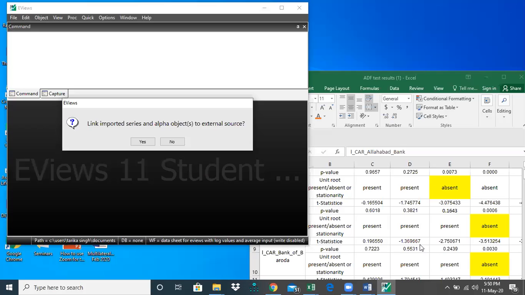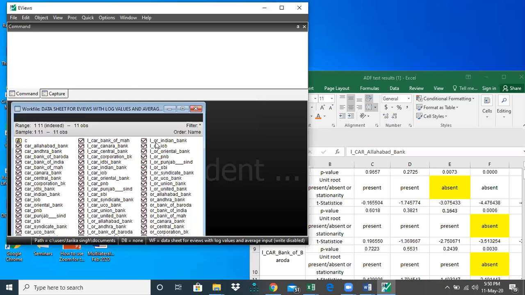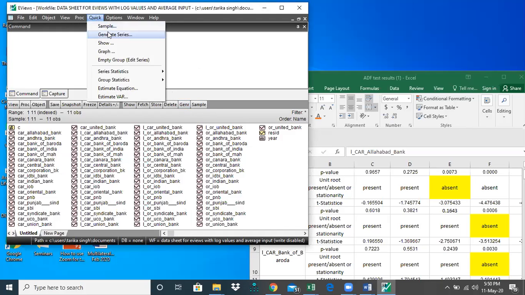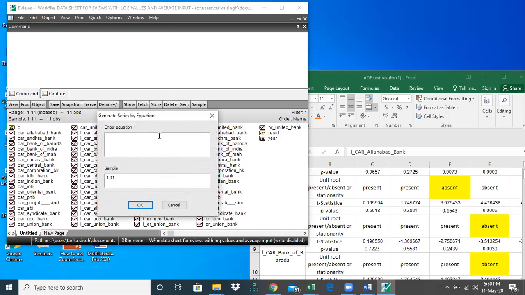This is my data sheet again. And I'll generate a series for the first difference value of CAR for Allahabad Bank. So how will I generate it?